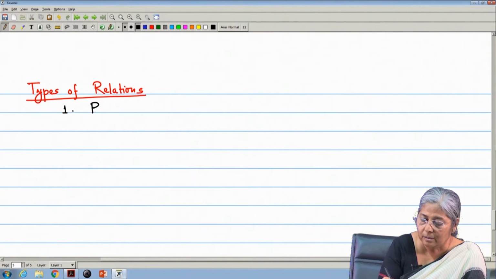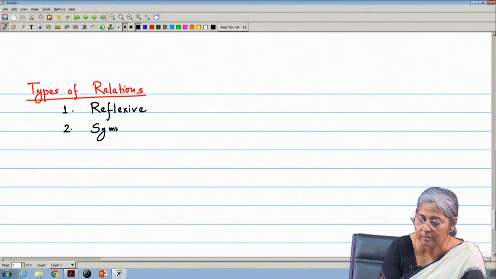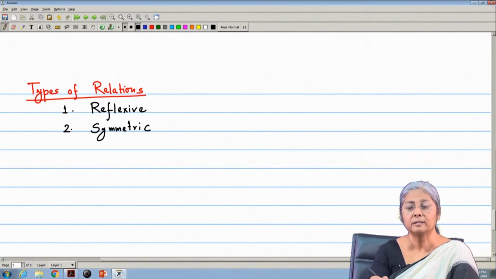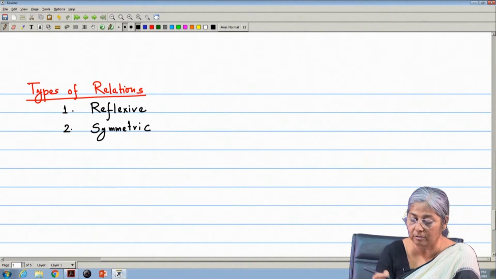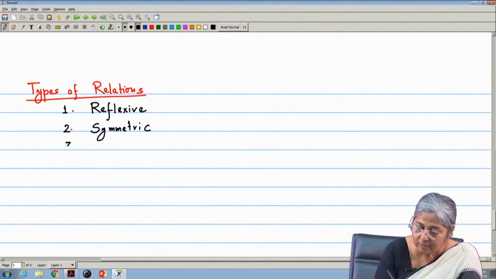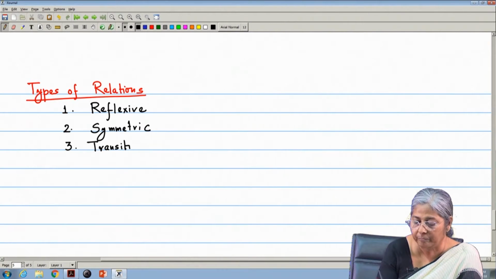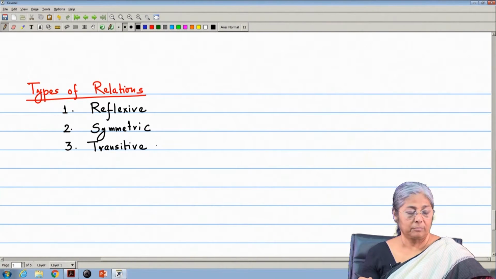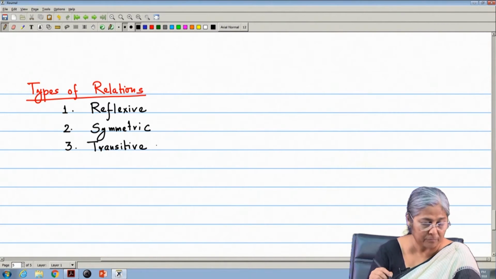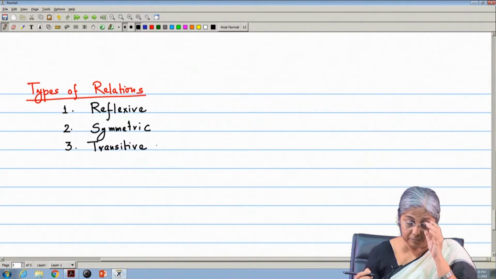It is reflexive, it is symmetric, and in this context we will also read not symmetric or antisymmetric, and one is called the transitive relation. So, now we define one by one what these three different types are and what their differences are.